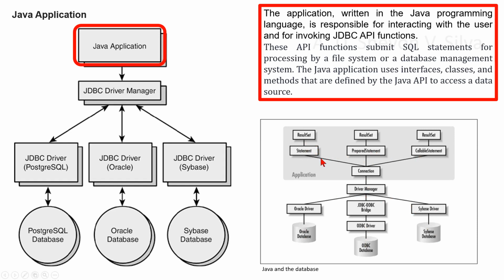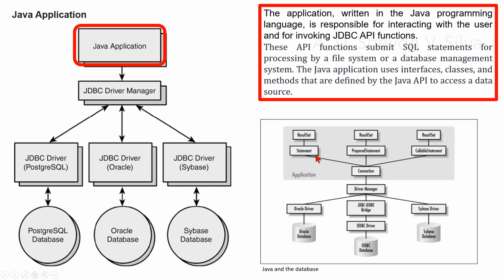Interface Statement, the object used for executing a static SQL statement and returning the result it produces. By default, only one ResultSet object per Statement object can be open at the same time.